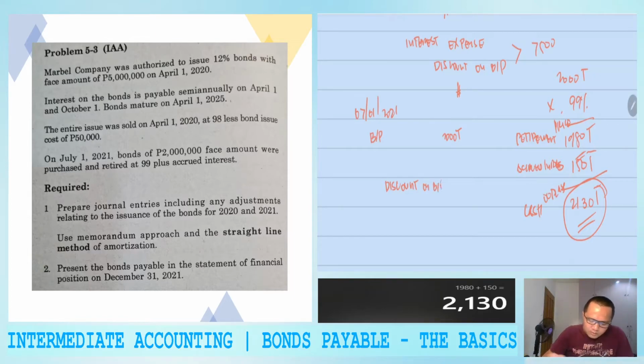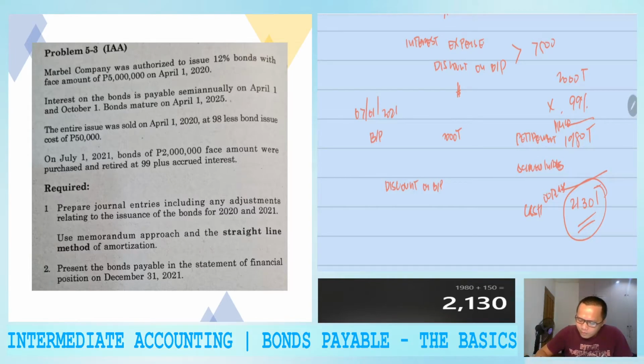Which in this case, we need to compute. Wait, sorry, may mali. The accrued interest pala here is not 150. Sorry ha, let me correct. That is not 150 because yun nga, not all amount was retired. Okay, let me correct. 2 million lang pala.